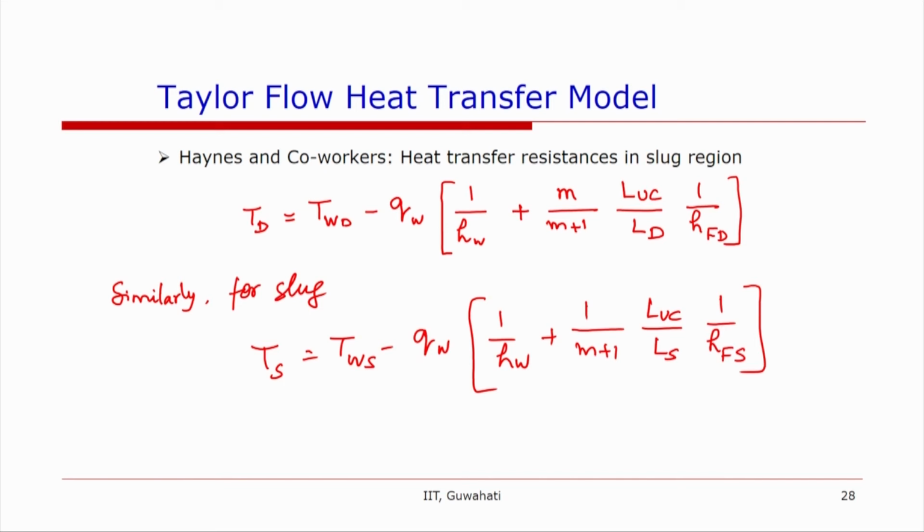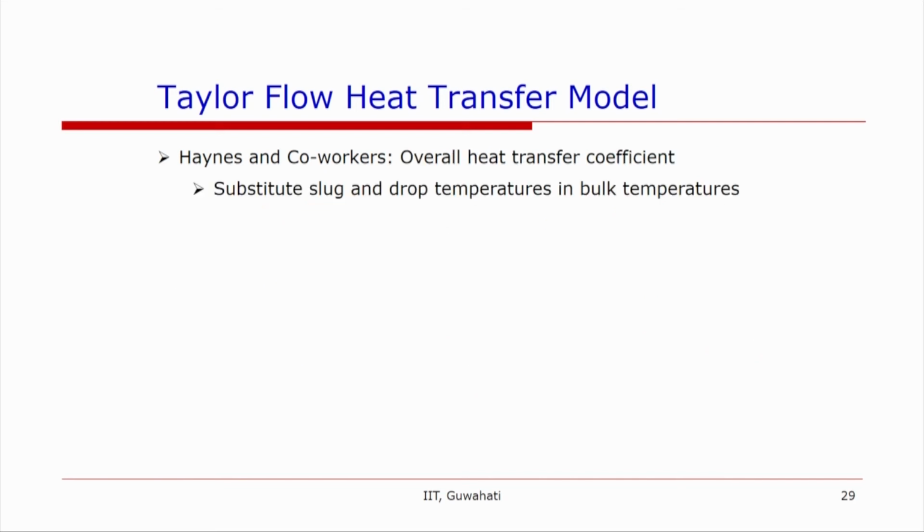Now, next let us substitute this slug and droplet temperature in the bulk temperatures. So, we had this bulk temperature TB is equal to M TD plus TS divided by M plus 1.